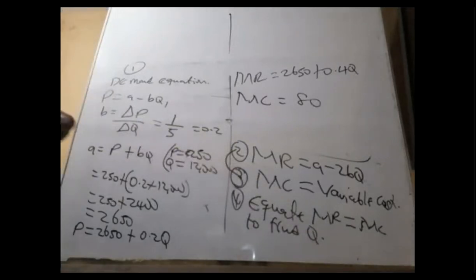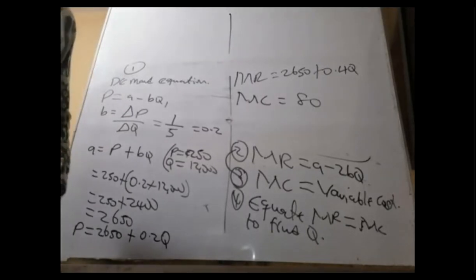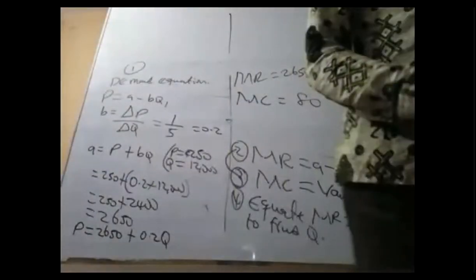So now we are done with these two. Steps 4 and 5. What's the next step? Now we know all of them. What's the next step?